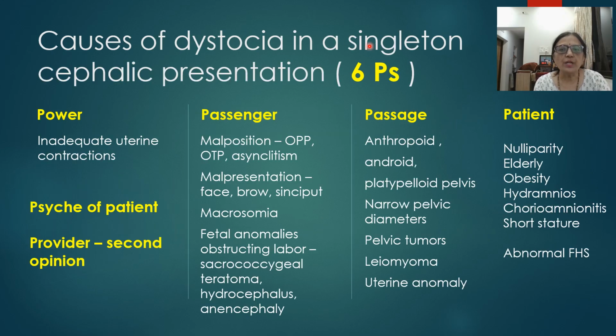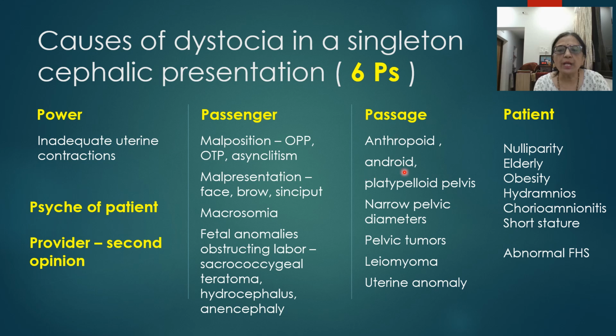What are the causes of dystocia in a singleton pregnancy with a cephalic presentation? We can divide these causes into 6 P's, and I think it is easier to remember the causes under these 6 headings. Power, passenger, passage, we all know we are always using these 3 whenever we discuss labor. Power is related to uterine contractions. If contractions are inadequate, it will lead to dystocia. Passenger is the fetus, and if the baby has malposition, malpresentation, macrosomia or anomalies, that will lead to dystocia.